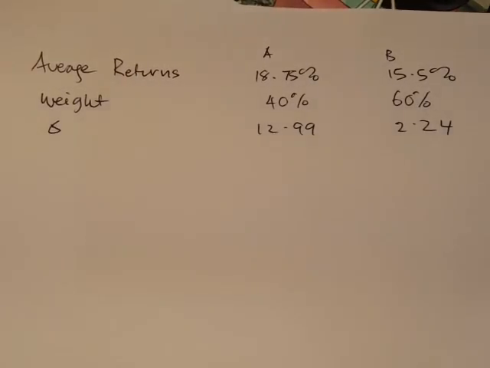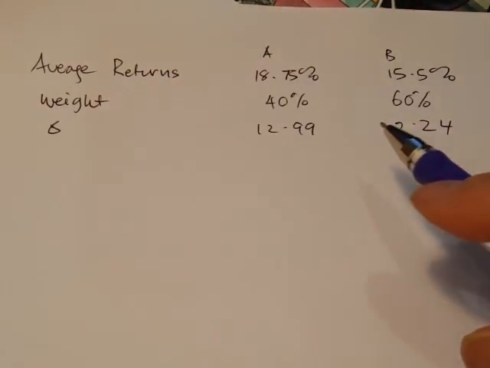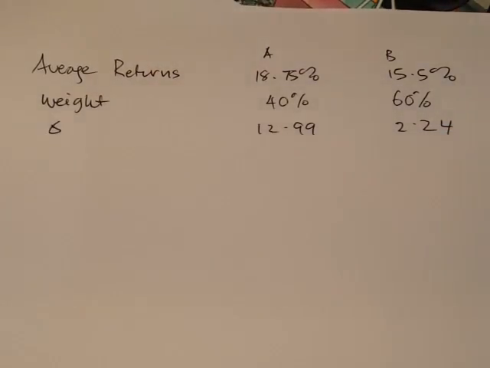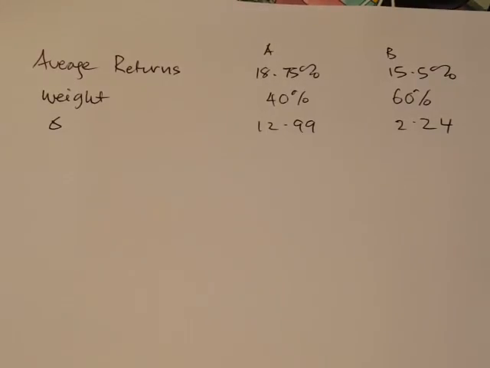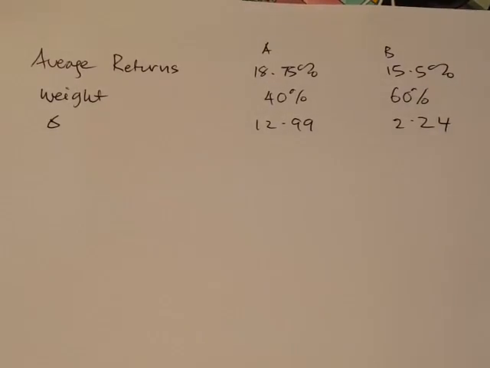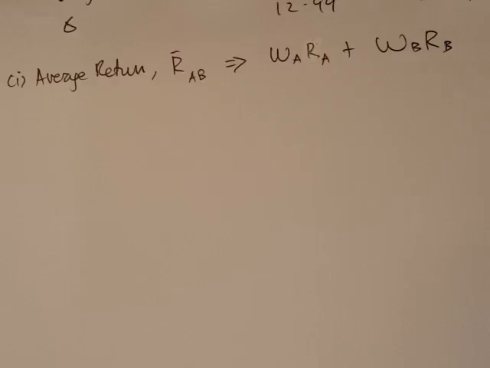They buy both. The question tells you 40% goes to A, 60% goes to B. And standard deviation for single asset is given. Can we calculate what is the standard deviation for the portfolio? And also the expected return, the average return for the portfolio.